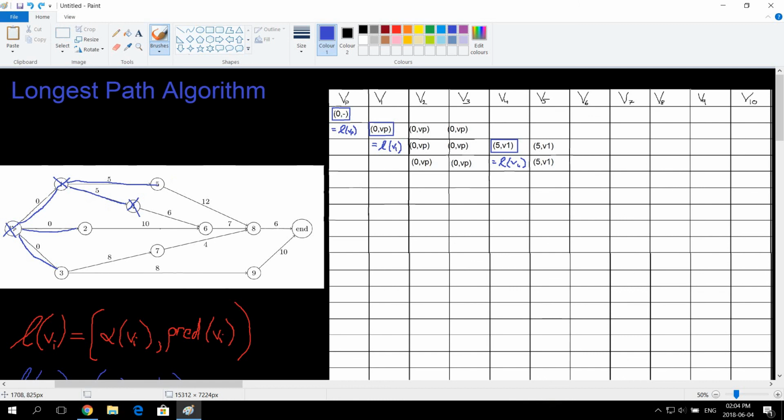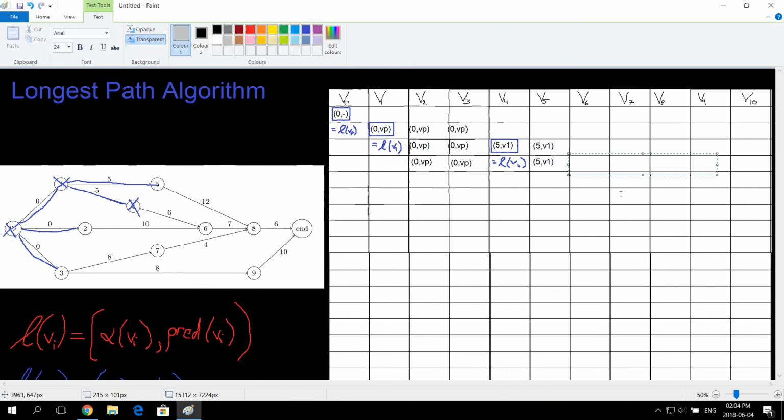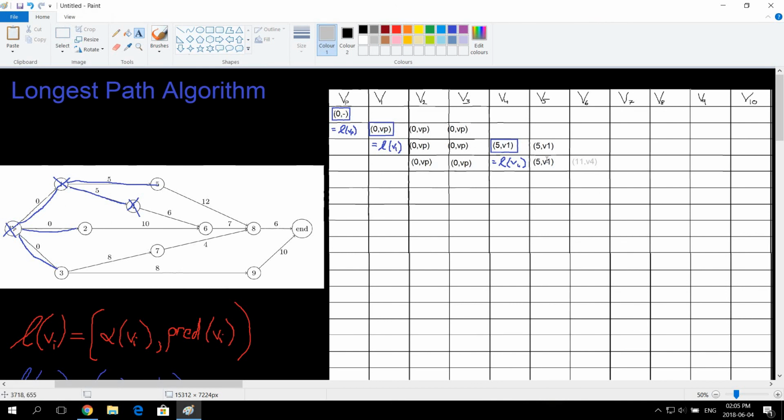So what are our options? Well, what I want you guys to do is when you see that you're waiting on another one, put in the label, and just put it in like pencil, because when we come to this, we're actually going to put in another label.